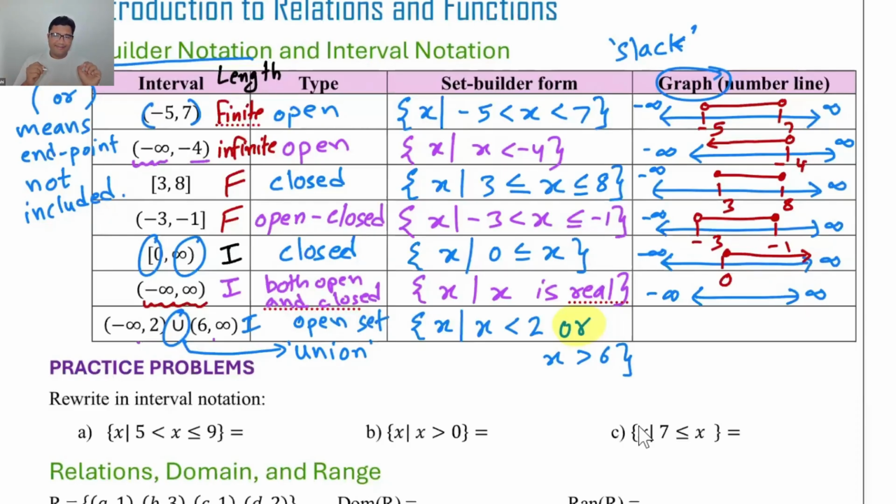Don't use the word and, okay? Because it would then be a contradiction, a false statement. How can x be less than 2 and greater than 6? So it's either x less than 2 or x greater than 6. The choice of word is very important there.